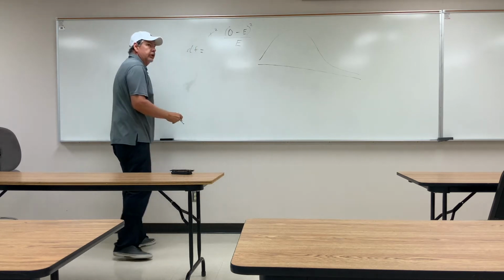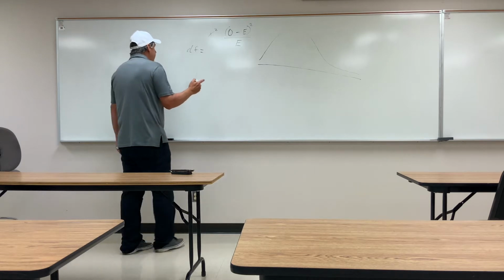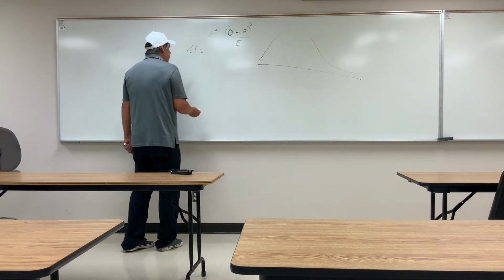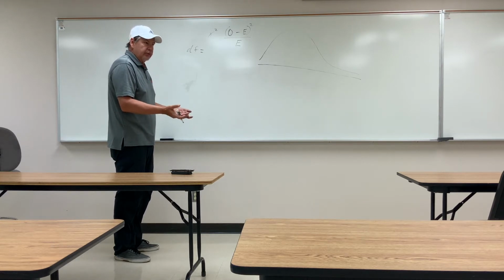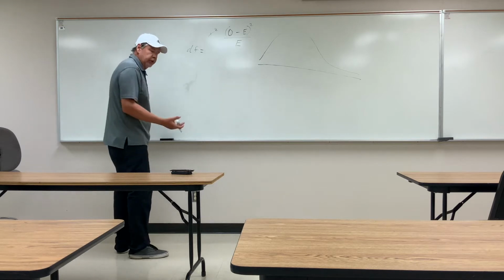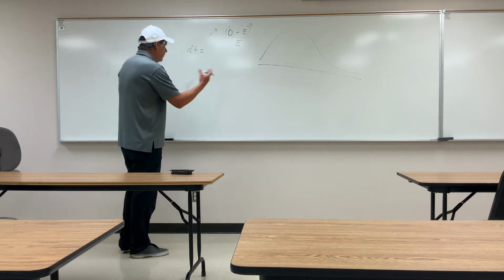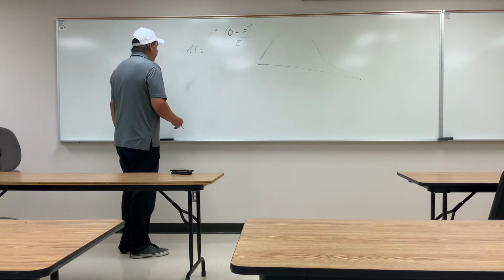And how we determine our degrees of freedom is going to be by rows and columns. So we're going to have rows, and we're going to have columns, and we're going to have expected and observed scores in each one of those cells. And I'll give you an example of that here in just a few minutes after we determine degrees of freedom.